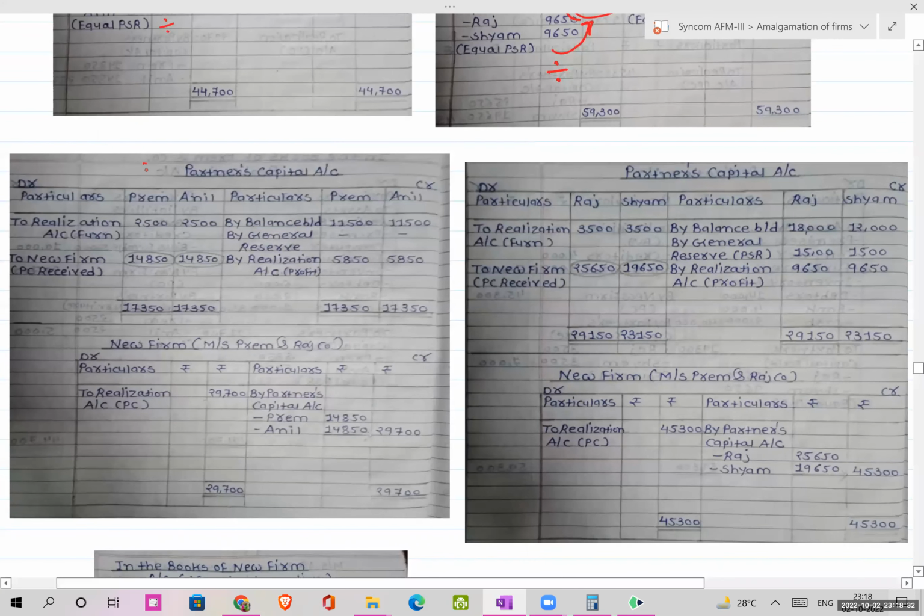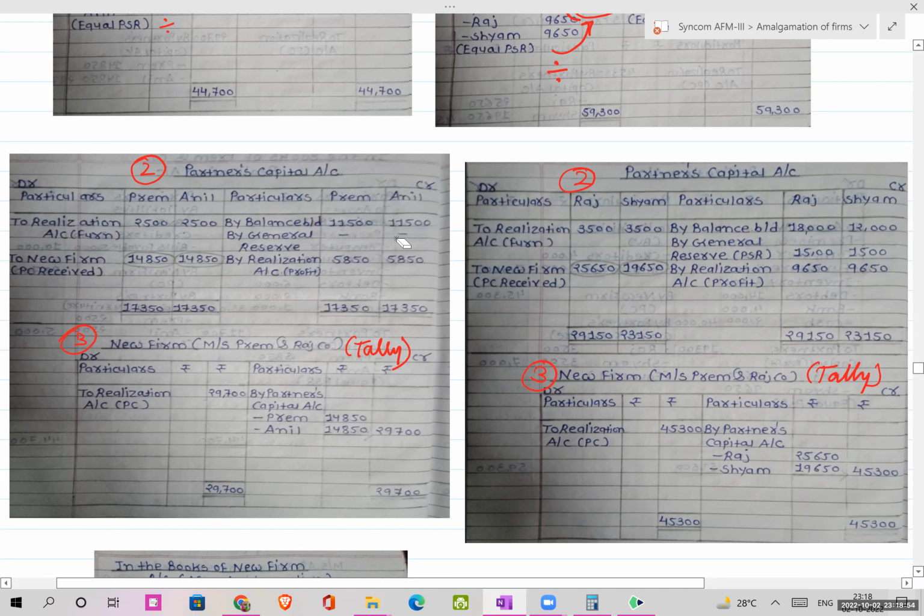So this is the second thing that you will be making, that is the partners capital account. And third, you will be making the new firm account, which obviously has to tally. So this is the opening balance of the partners.